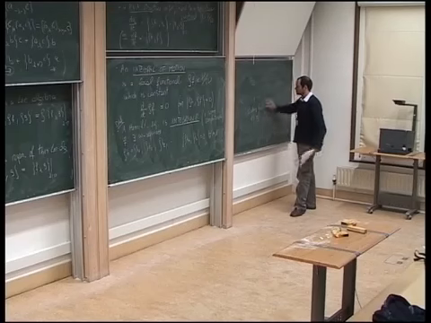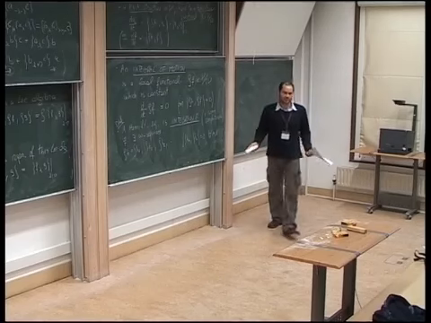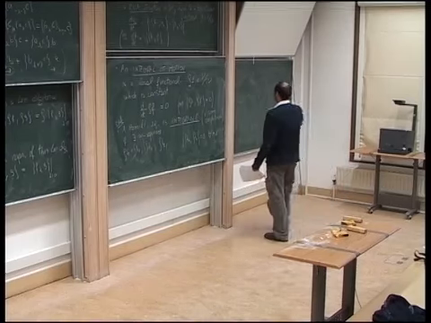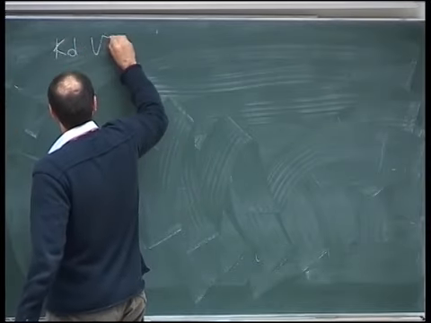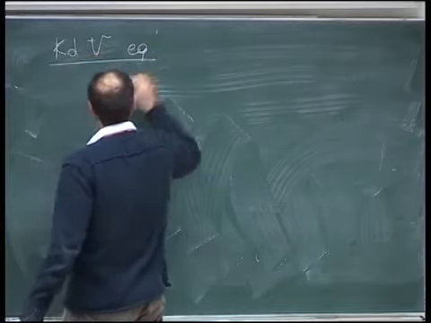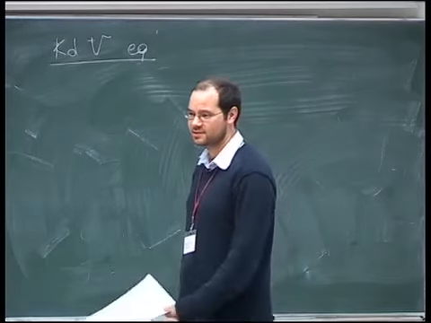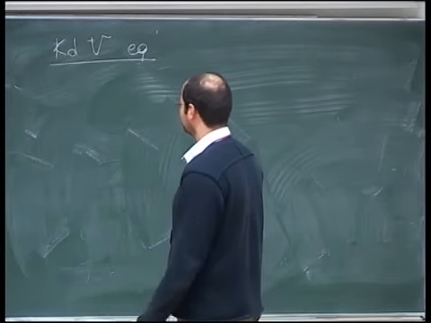Well, probably the most famous of all Hamiltonian equations is the KdV equation, so I will discuss that. This was introduced, I think, in the 18th century to study fluid mechanics.